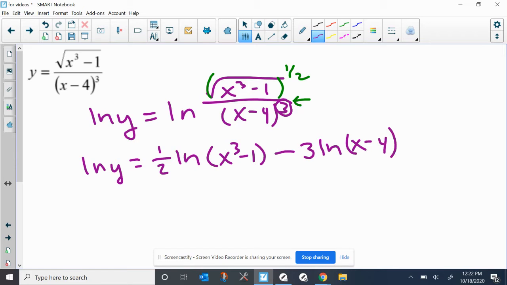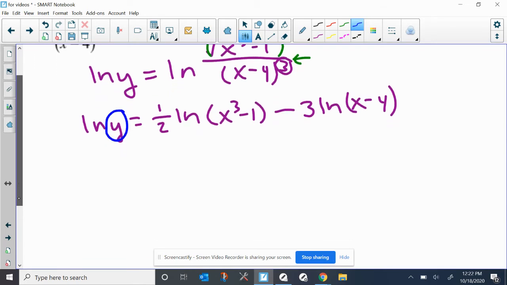Now, each term there is really easy to take a derivative of, so we're going to do that. What you need to know is that we are taking a derivative with respect to x, and you'll notice that on the left-hand side of the equation, we have a y, which is not an x. So this is actually chain rule as well. We will talk about this when we learn implicit differentiation, and you'll see this more.